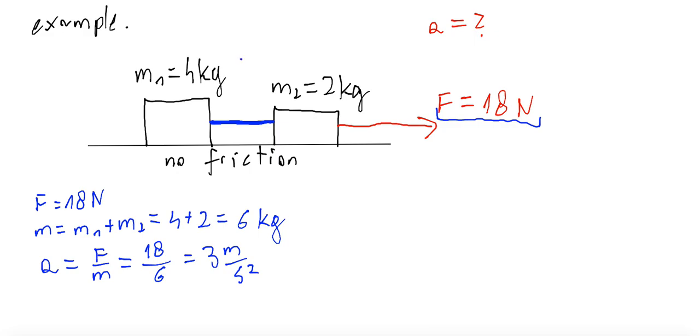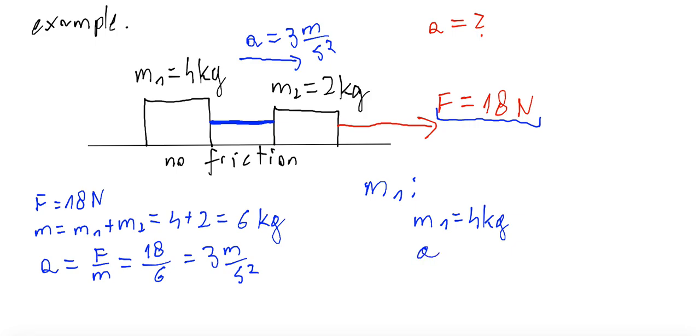What does it mean? It means that mass m1 and mass m2 both move with acceleration of 3 meters per second squared in the direction of force, so in this case to the right. Okay, so what is acceleration of mass m1? We know that mass m1 has a mass 4 kilograms and accelerates with acceleration of 3 meters per second squared.